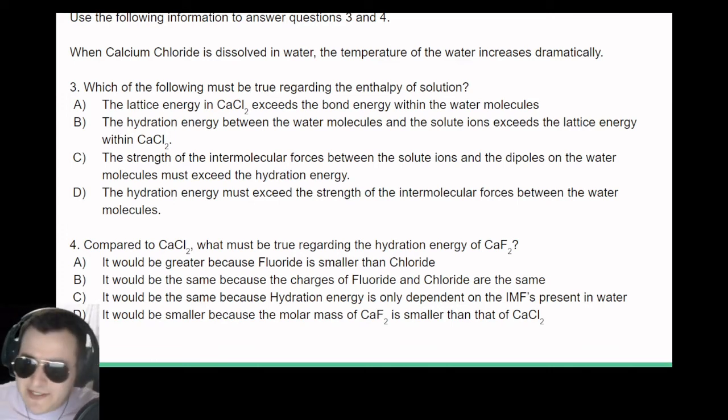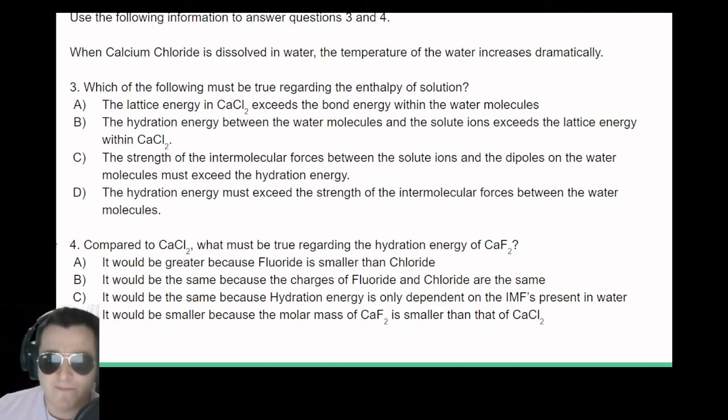I mean, not that the terminology hydration energy is thrown around too much, but when they use things like only in answer choices, doesn't it just make you a little suspicious? But of course, our definition of hydration energy is contingent upon, yes, the energy required to separate the water molecules from one another, but also the resulting attraction afterwards, which of course would be contingent upon the charges and the distance of the molecules. Coulomb's law once again. So C doesn't make sense.